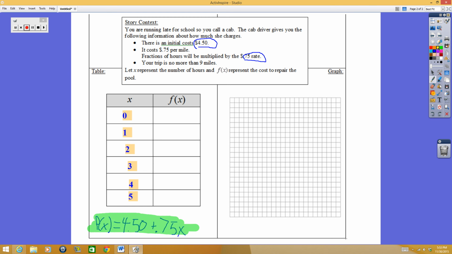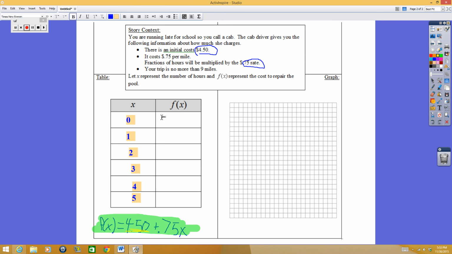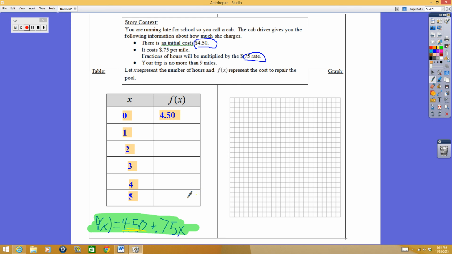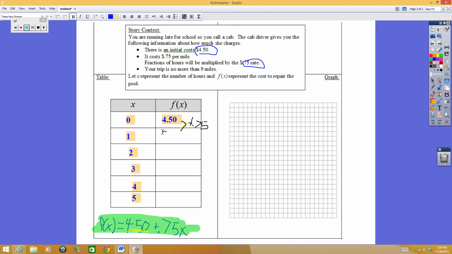Or some of you guys are really good at looking at this and saying, oh, the 4.50 is by itself, so I know it's going to be $4.50 at the beginning. Then each time, they're going to add 75 cents on top of it. So if I had $4.50 and I added 75 cents, I would now have $5.25.